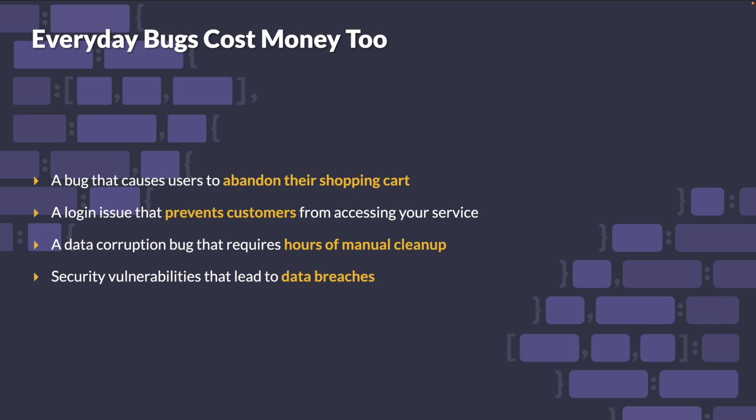Now, most of us aren't building trading systems or medical devices or airplanes, but bugs in everyday applications cost money too. A bug that causes users to abandon their shopping cart, a login issue that prevents customers from accessing your service, a data corruption bug that requires hours of manual cleanup, security vulnerabilities that lead to data breaches.